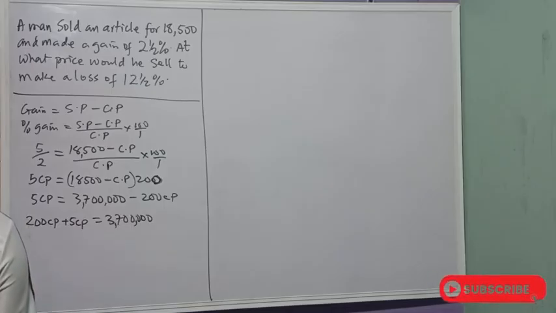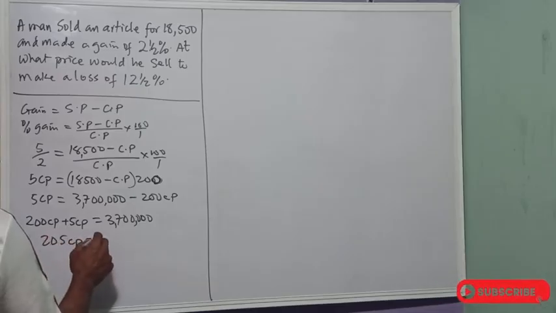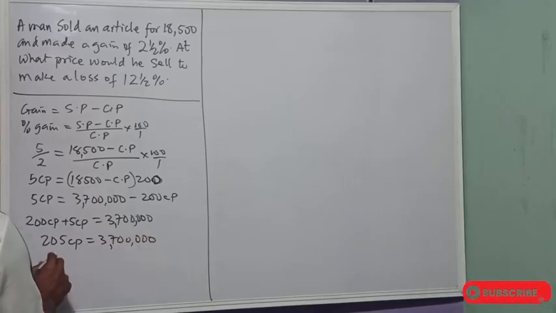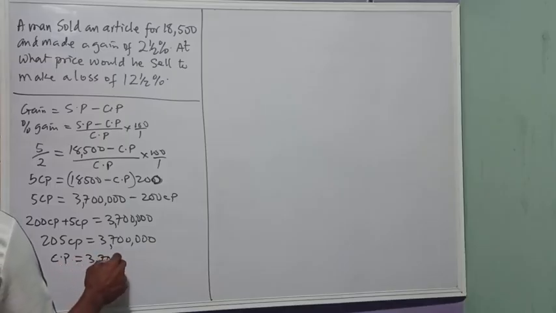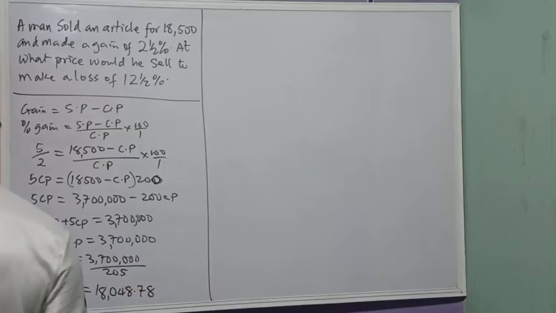Okay, so here we have 205 CP equals 3.7. So the cost price will be 3700 over 205, divided by 205, which gives us a cost price of 18048.78.